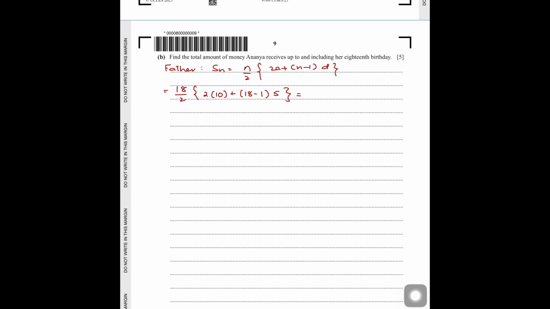So this is 945. From mother, her Sn, because it was a geometric progression, you find this formula in the data booklet: a times 1 minus r to the power n over 1 minus r. So 10 times 1 minus 1.2 to the power 18, over 1 minus 1.2.